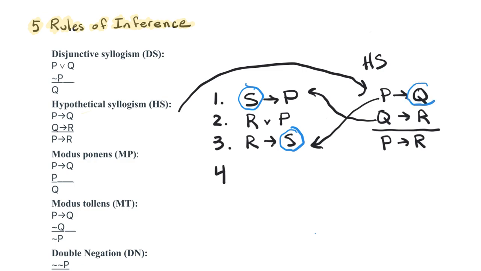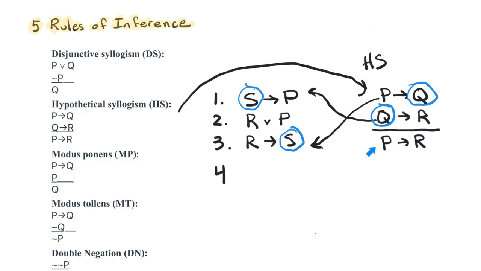Over here it was Q. But remember I said the hypothetical syllogism works such that the consequent of one conditional is the antecedent of the other conditional. And that's what we have here. The consequent of this conditional is S, which serves as the antecedent for this conditional.